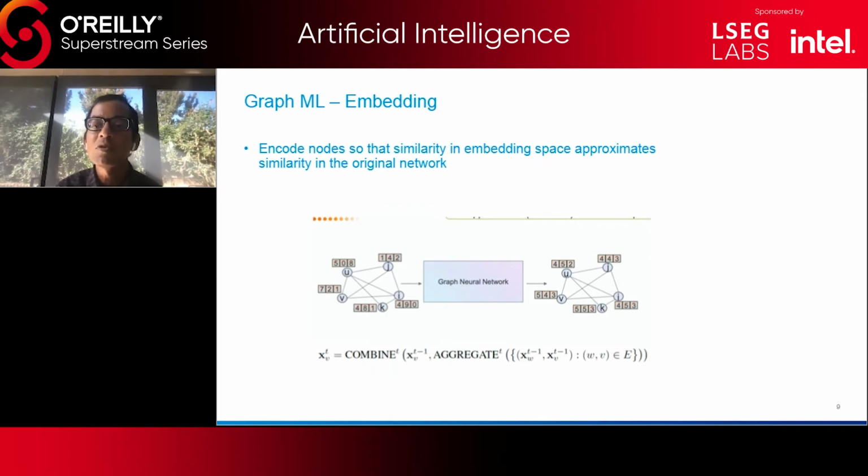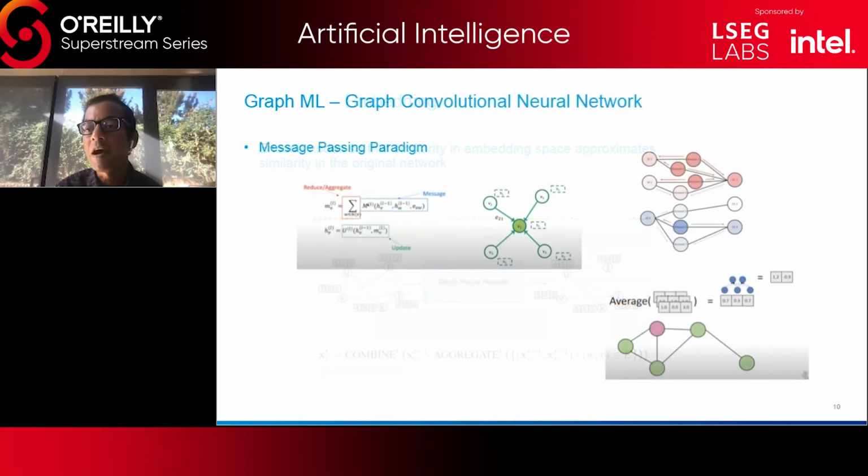So GCN works basically on the underlying philosophy of using something called a message passing paradigm. Each one of the neighboring nodes passes messages to the node of interest. What it passes basically is a feature vector.